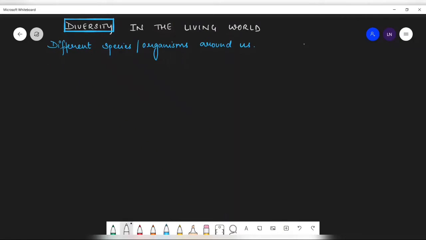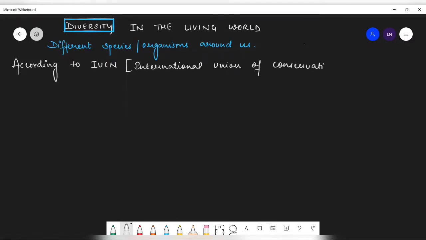Now, according to IUCN, what is the full form of IUCN here? It is International Union of Conservation of Nature and Natural Resources.